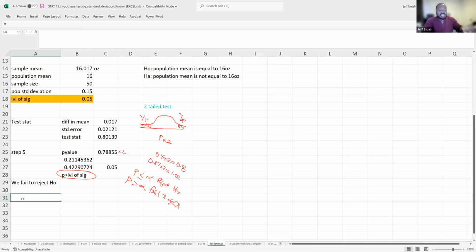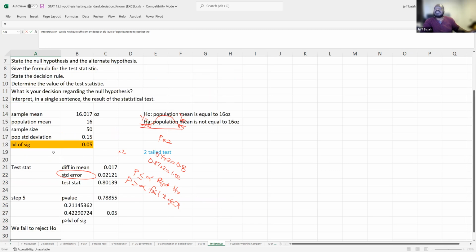And so we're going to come here and say our interpretation. We do not have sufficient evidence at the 5% level of significance to reject the claim.